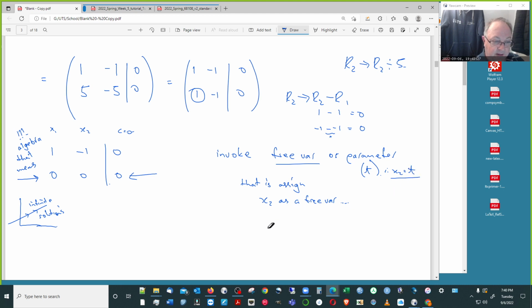So in that case, if we go ahead and do a rebuild, so if we were to rebuild this one up here, what would that look like? That would be x1 minus x2 is equal to 0. So if I were to put that over, x1 would be equal to x2.